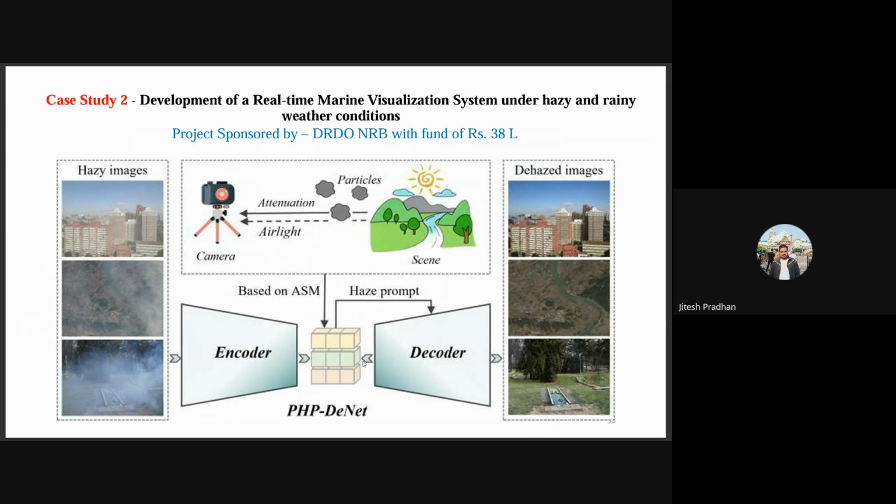It is a kind of encoder-decoder work, and look here, encoder decoder. So there will be a generator and a discriminator. Generator means encoder and decoder type of things. In this case we are getting a hazy image, so from here we are dropping down to a feature, and it's just kind of a reverse. Earlier, in our generator, we started with a vector and tried to construct the image itself.